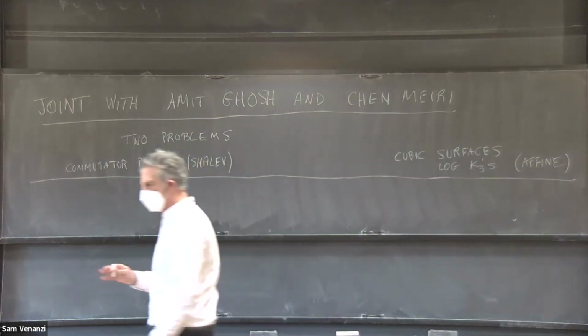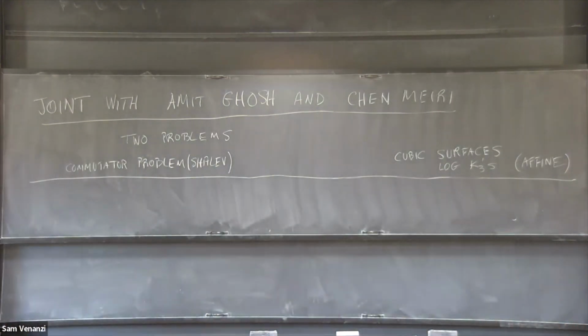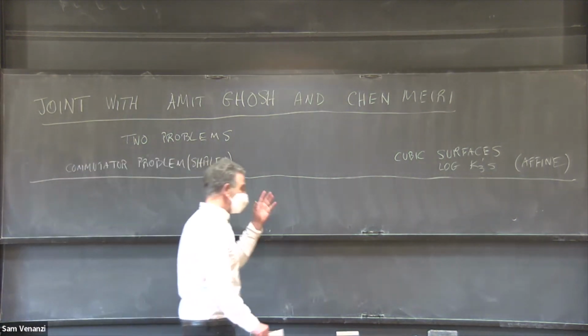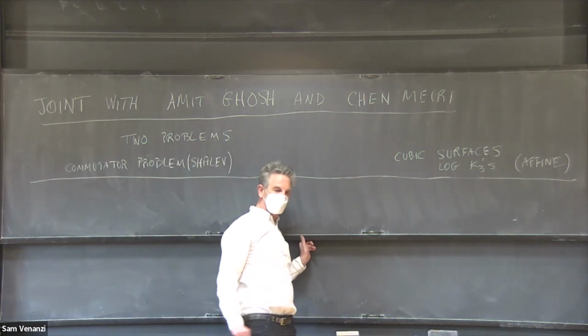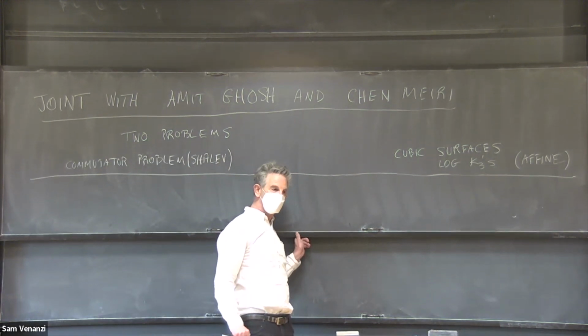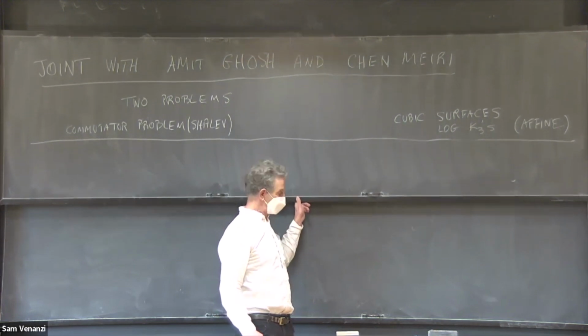And by log K3, when you classify affine surfaces, you take some compactification of your affine surface and then describe the divisor at infinity. It's the numerics of that divisor that look like a K3, which gives the name log K3. There's a classification of those. I'll just be giving examples, but these are the most interesting ones Diophantine-wise.